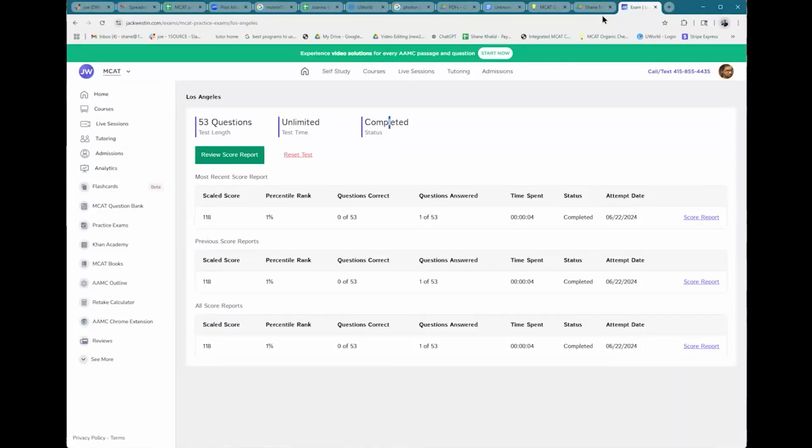Obviously skip the CARS, but do the BB timed and then the Psych Soc timed. Then at the end, you'll get a score for each of the sections, and we're just going to input the Jack Westin CARS score for the Altius CARS score. Basically, you're doing your Altius tests, but only using Jack Westin for the CARS. Okay, sounds good.